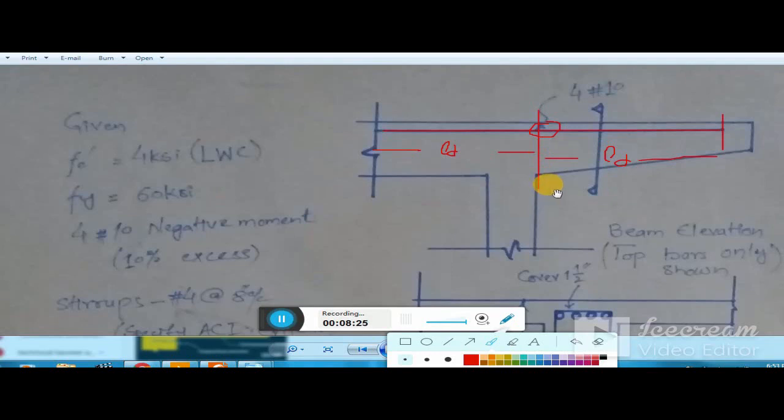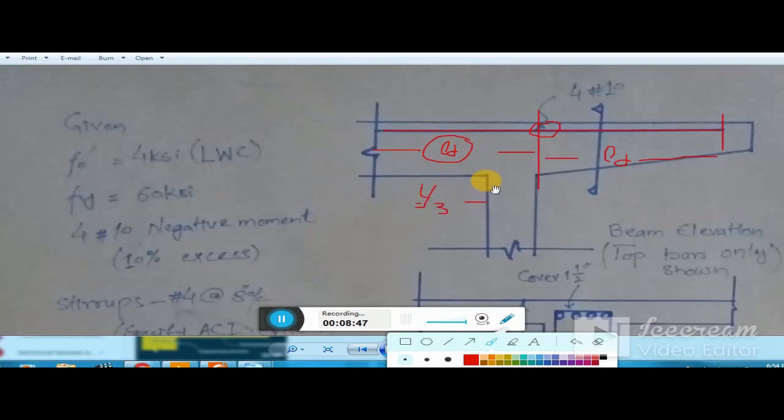Now the question is that almost all people say extend this bar up to a distance of L/3, L/4, whatever they use. But you must know the actual development length, not these approximations. These are just coefficients.